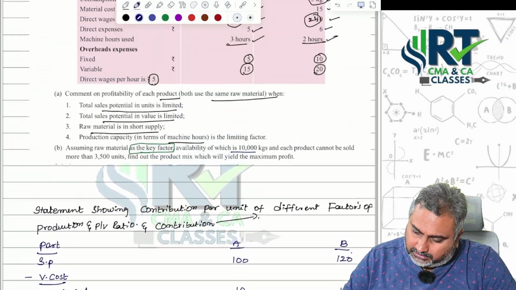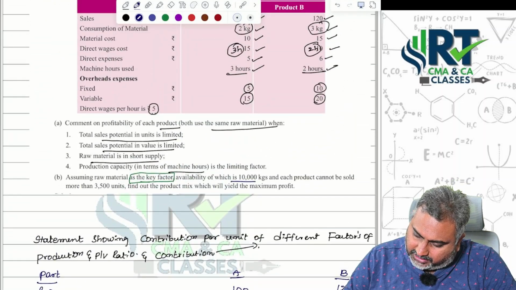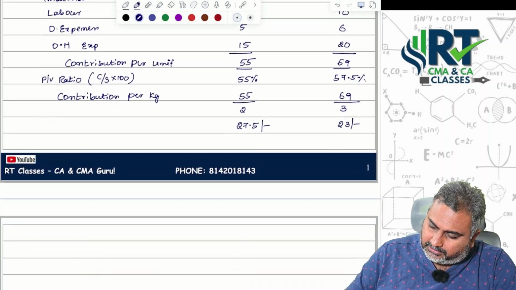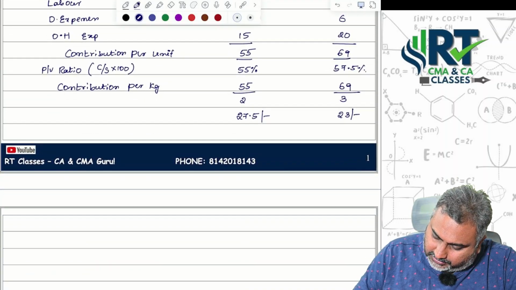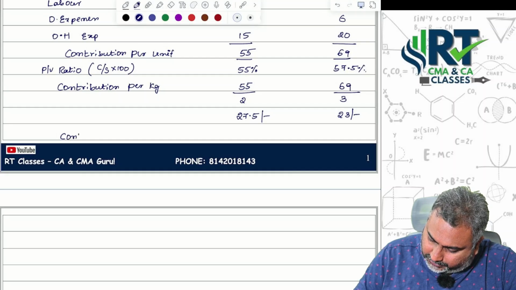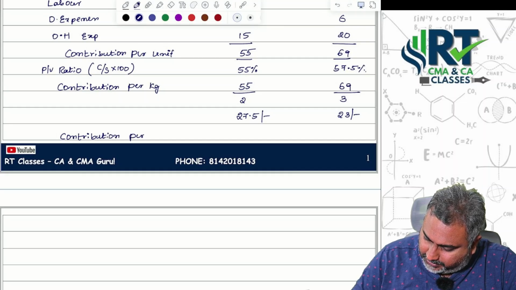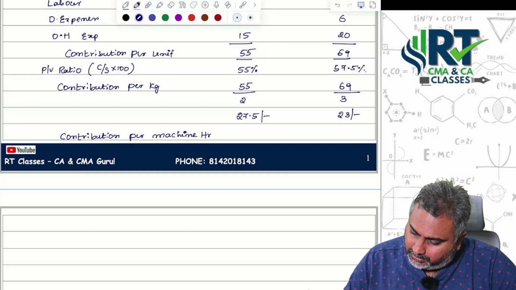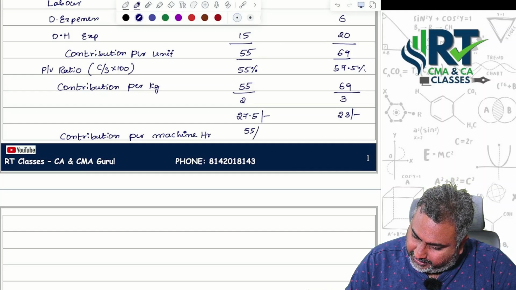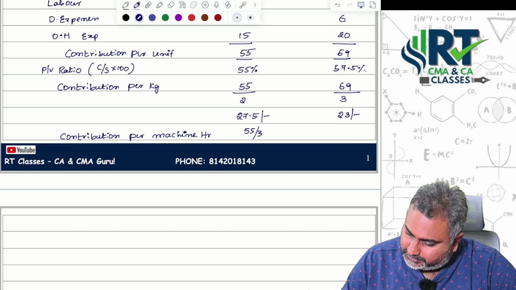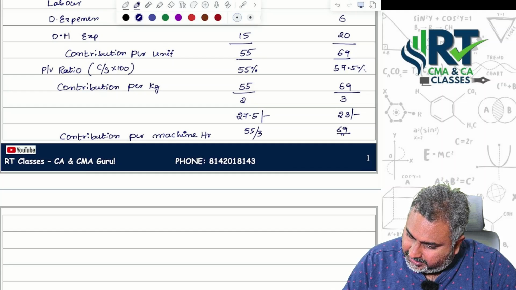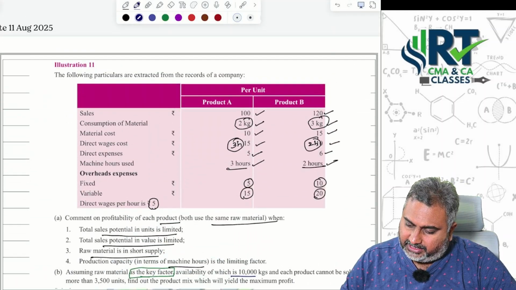Let's check one more point they are asking. Production capacity, machine hours, is the limiting factor, they are also asking. So contribution per machine hour: 55 divided by 3 hours, 69 divided by 2 hours. Sir, where is it given?